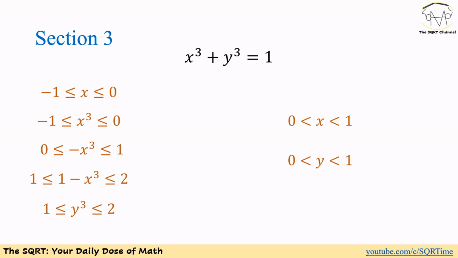And remember, 1 minus x to the power of 3 is going to be y to the power of 3. So y to the power of 3 is going to be between 1 and 2, which is wrong, because we know that y to the power of 3 is going to be less than 1. So basically this means that x cannot be between negative 1 and 0.